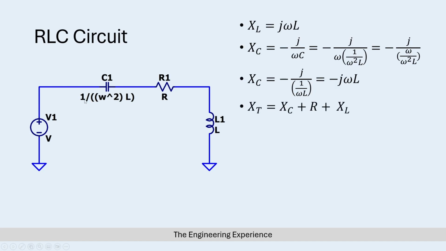Now the total impedance of this circuit is equal to the impedance of the capacitor plus the resistance of the resistor plus the impedance of the inductor.